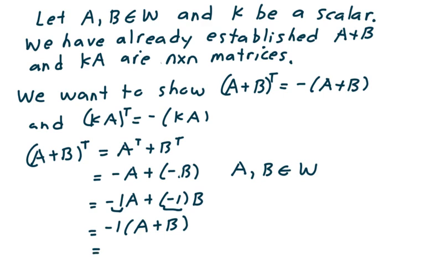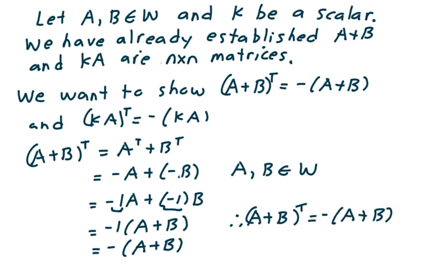But this is the same as the opposite of A plus B. So therefore, the transpose of A plus B is equal to the opposite of A plus B. And so therefore, A plus B belongs to W.